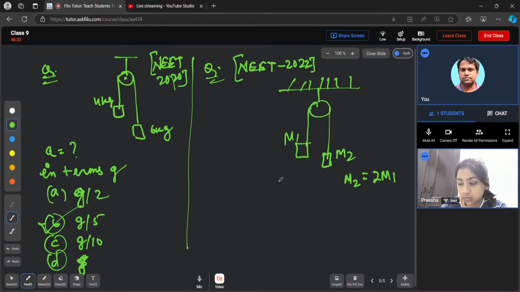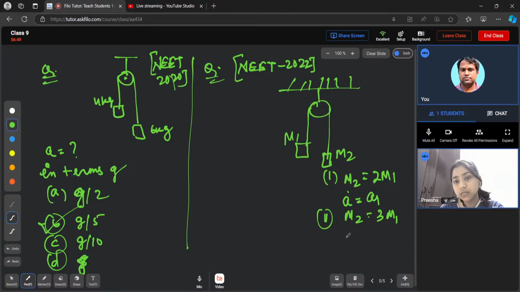The acceleration of the system is A1. When mass M2 is thrice of M1, then the acceleration of the system is A2. So two conditions are there. Condition 1, when M2 is 2M1, acceleration equals A1. Second condition is, when M2 is thrice of M1, acceleration becomes A2.